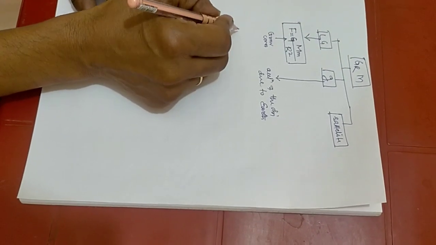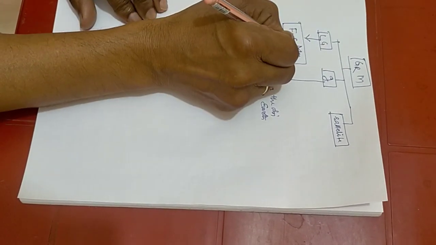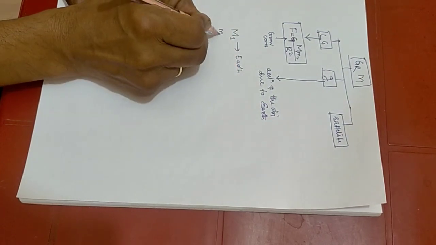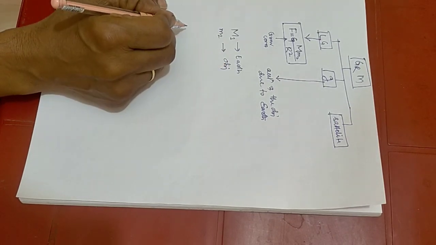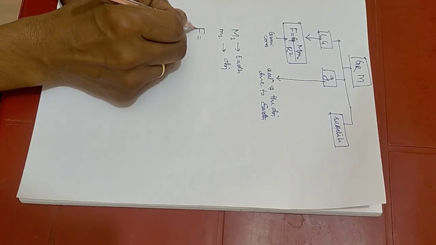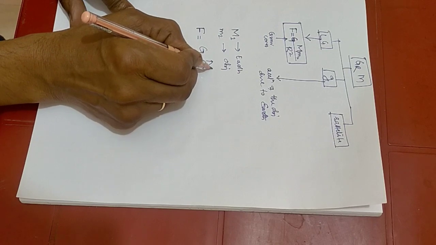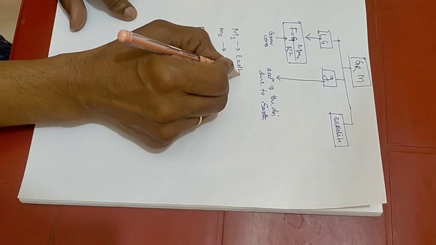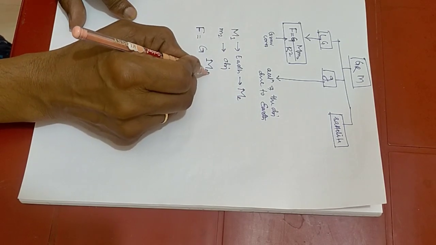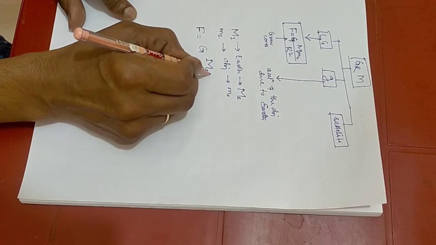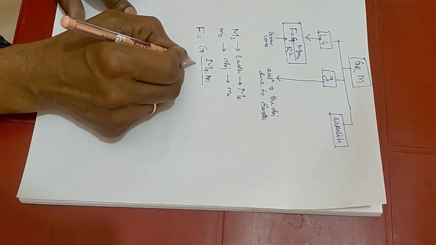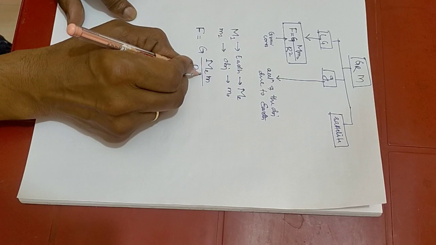That means when m1 is Earth and m2 is any object, then the force between them becomes mass of Earth and mass of object by r square.